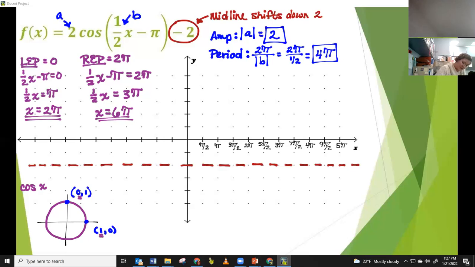At 0 radians, we start where? Maximum, minimum, or on the midline?